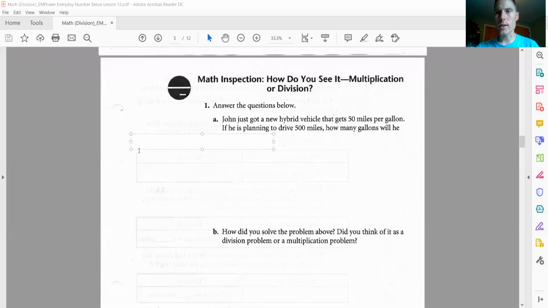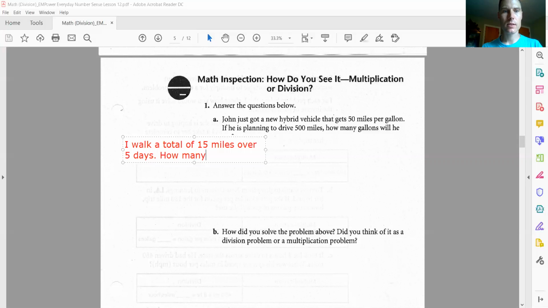Since not everyone here is probably driving, or maybe you're just not driving much because of coronavirus, let's use this example about walking. Let's say that I walk a total of 15 miles over 5 days.